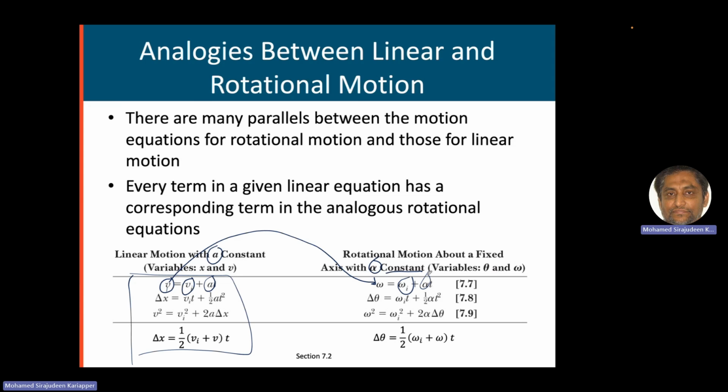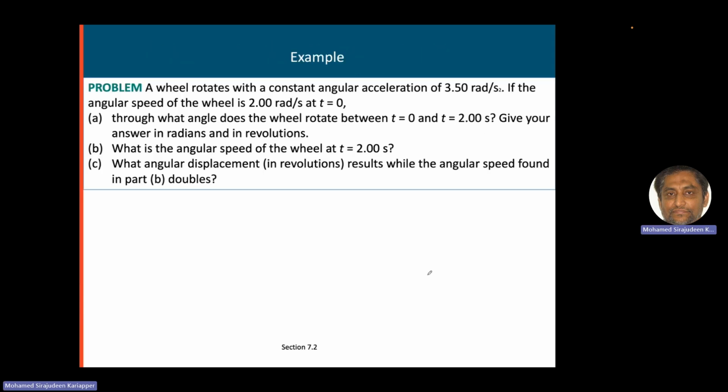Now we can even do questions. Here we have an example question. A wheel rotates with a constant angular acceleration. So you know what this is. This is alpha, right? So we identified our alpha. And it is constant. That means I can apply the equations of kinematics. And at t equal to 0, it has this velocity.